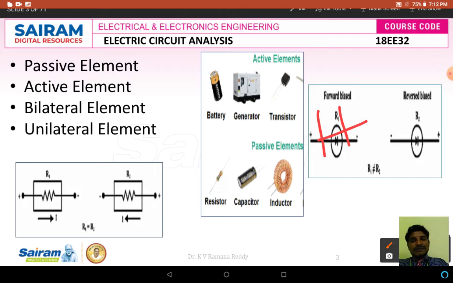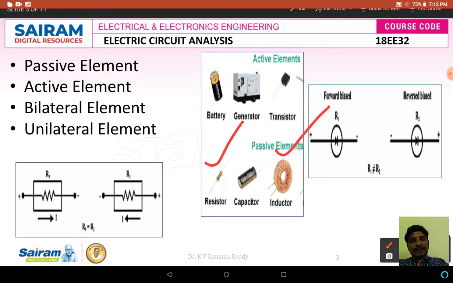Therefore, the three passive elements, resistor, inductor and capacitor, take or consume electrical energy. The resistor dissipates electrical energy in the form of heat, and the unit of resistance is ohms. The inductor stores energy in the form of an electromagnetic field, and the unit of inductance is henries.